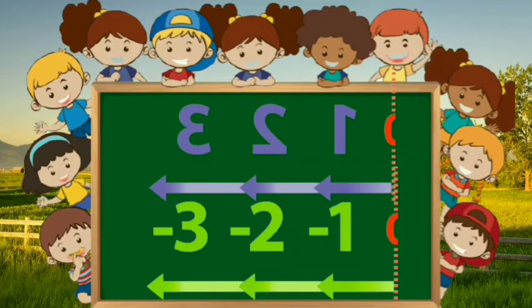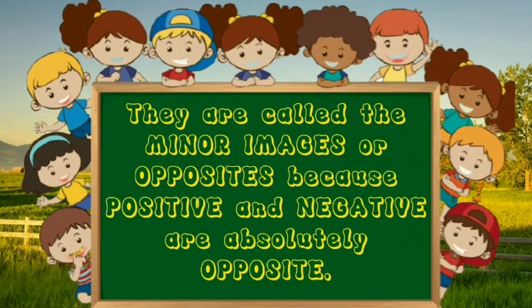Imagine folding the line at point 0. You will notice that 1 will fall at negative 1, and 2 will fall at negative 2, and 3 at negative 3. They are called the mirror images or opposites, because positive and negative are absolutely opposite.